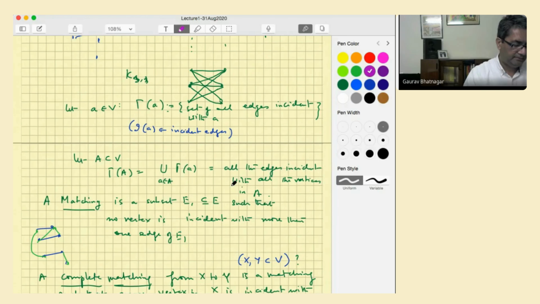Maybe gamma of A is number of vertices rather than... this guy. Problem is I'm using two different books for two different definitions, and that is confusing me a bit.